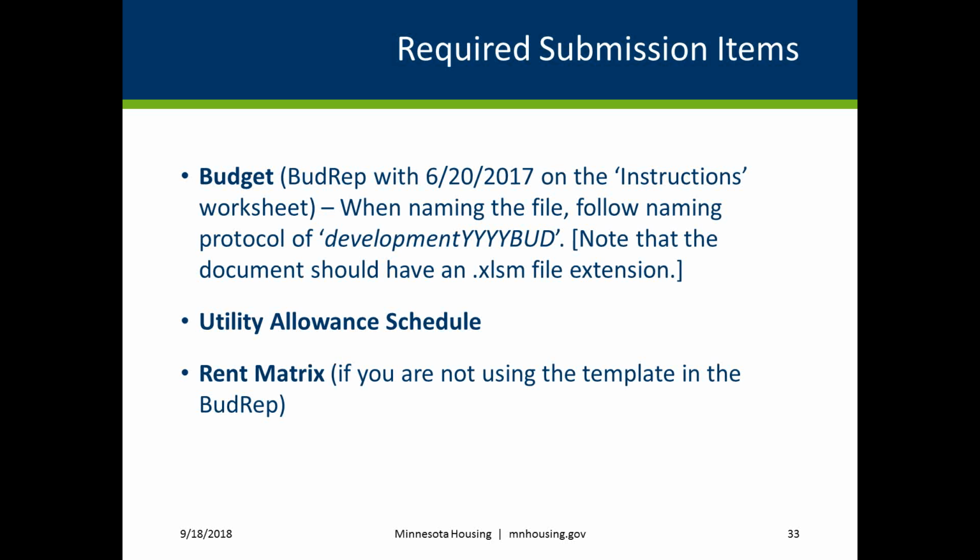For our sample budget that we have used during this tutorial, the file name would be Sunnyside Apartments 2019 BUD. Make a note that the file has a .xlsm extension. If it does not, then you may not be using the 6/20/2017 version. Section 1 of this tutorial describes how to copy data from a previous BUD-Rep file.